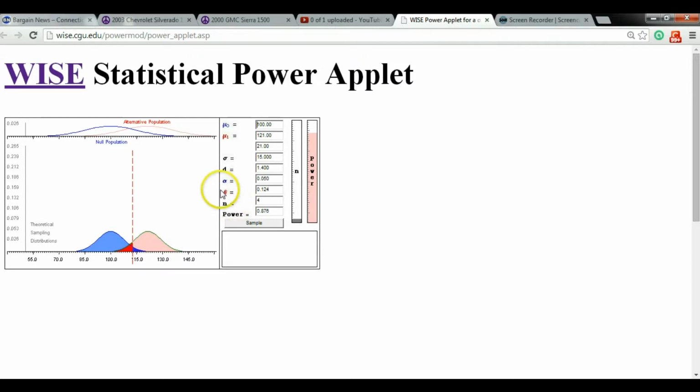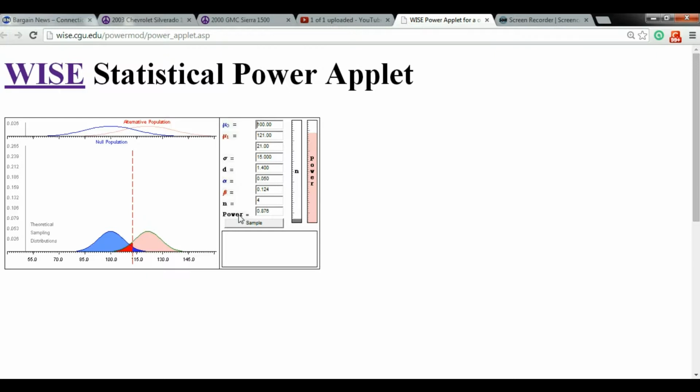Now if you look at our distribution here, the red region plus this pink region, and this little blue region is part of the pink region, what do they add up to? Well, they add up to 100%. So power is the probability that we make the correct decision when the null hypothesis is false.